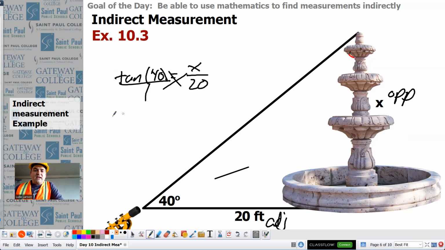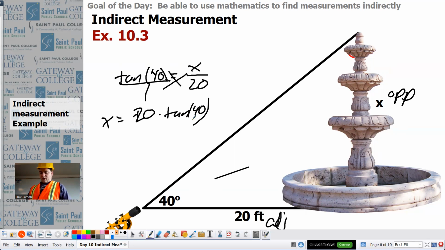Take the cross product: 1 times x is x equals 20 times the tangent of 40. Use my calculator. 20 times the tangent of 40, 16.78.